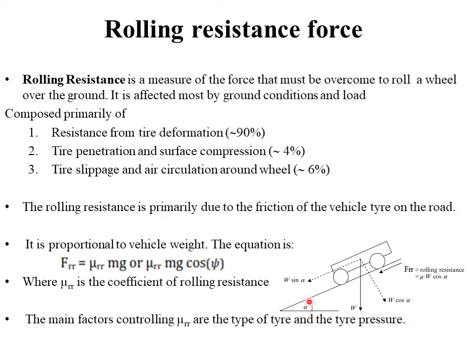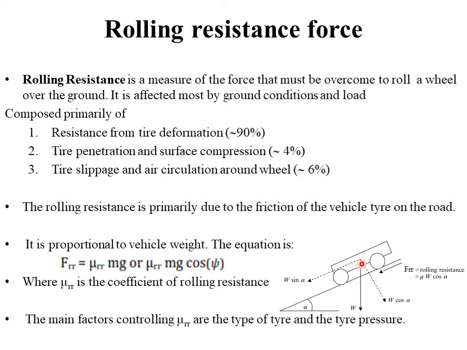If this angle is alpha, obviously this particular angle will also be alpha. And this vector shows the weight of the vehicle, which acts directly downwards. So if this angle is alpha and this is the weight, then we can resolve it into two components: W cos alpha and W sin alpha.